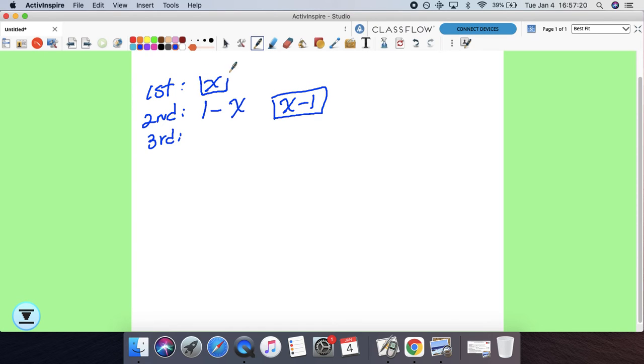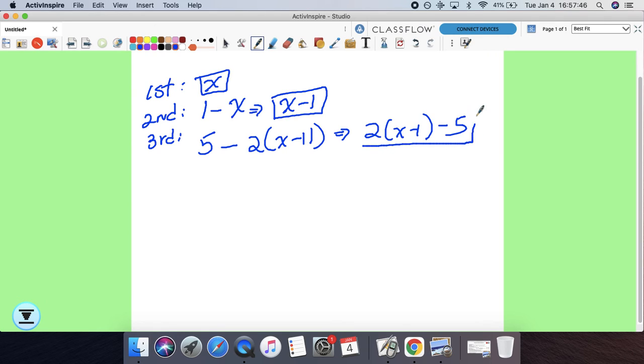The first one is x, and the third number is 5 less than twice the second, and the second is x minus 1. Again, it's less than, so we have to switch that. So it's 2 times x minus 1, minus 5.